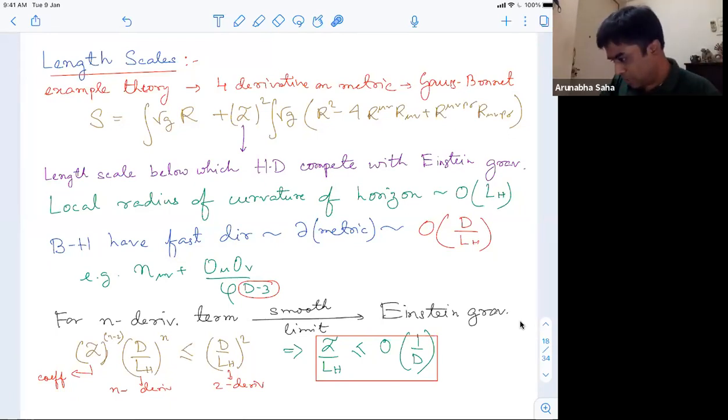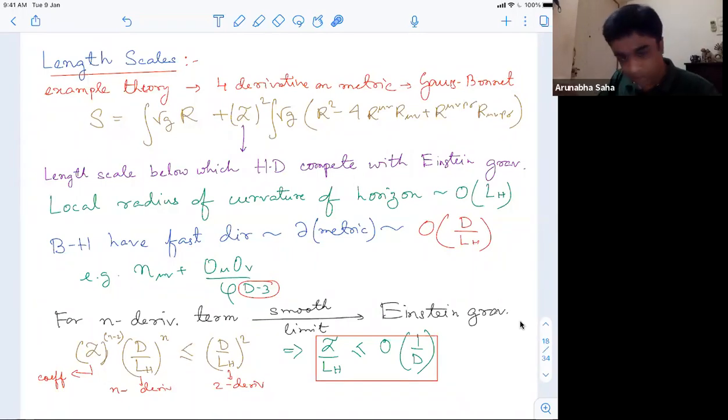So the black holes in the theory actually inherit this property that they have a fast direction. And the derivative of the metric is of the order of d by LH, because LH is the length scale of the black hole. For example, if you look at the leading order metric, this d actually gave rise to the order d derivatives in the metric.